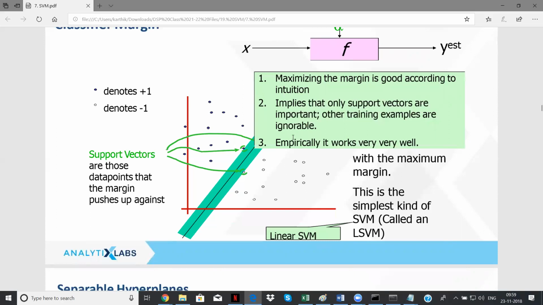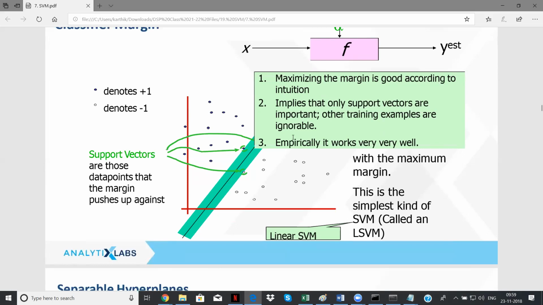Despite the fact that I am losing some data, I have one conclusion from various tests and various researches which say this kind of a mechanism empirically works very well. This has been tested, and despite the fact that you're increasing the margin, it is working very well. Now you might ask again and again, we are including a lot of data points in the no man's land if you are increasing the margin.